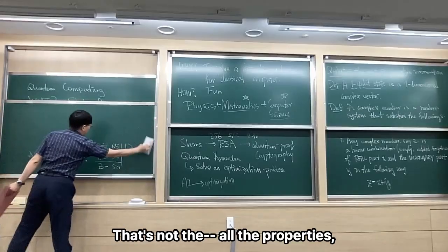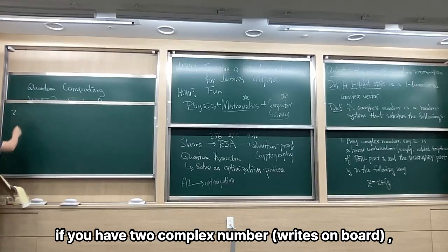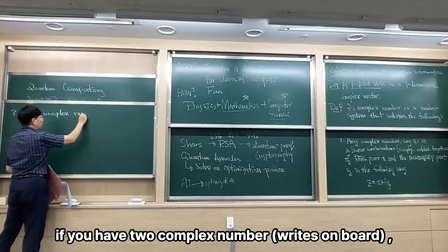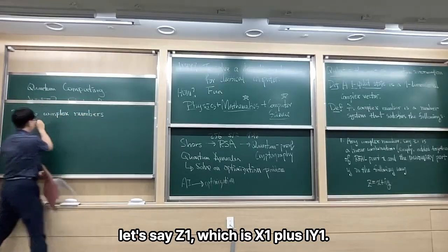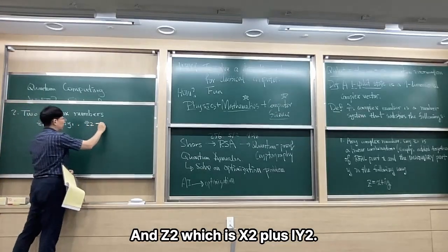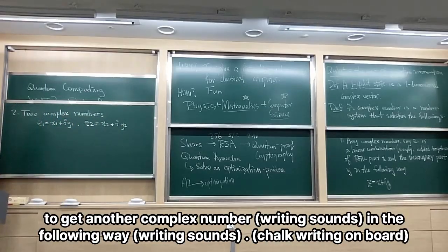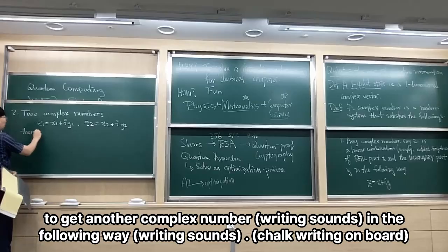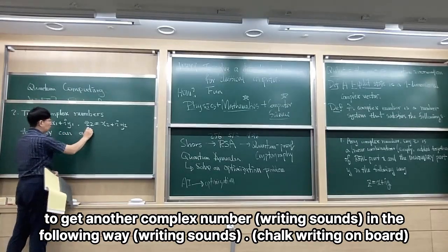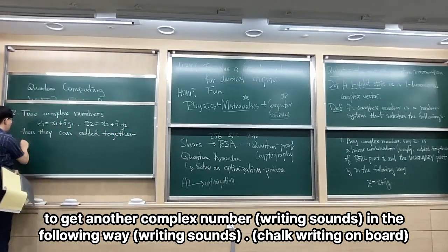That's not all the properties, just the one property. And then the second property is, if you have two complex numbers, let's say z1, which is x1 plus i y1, and z2, which is x2 plus i y2, then you can add them together to get another complex number the following way.